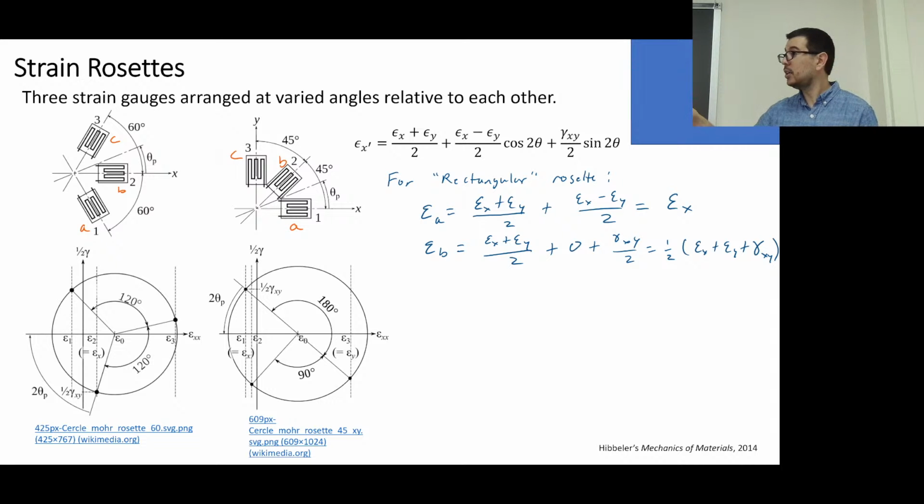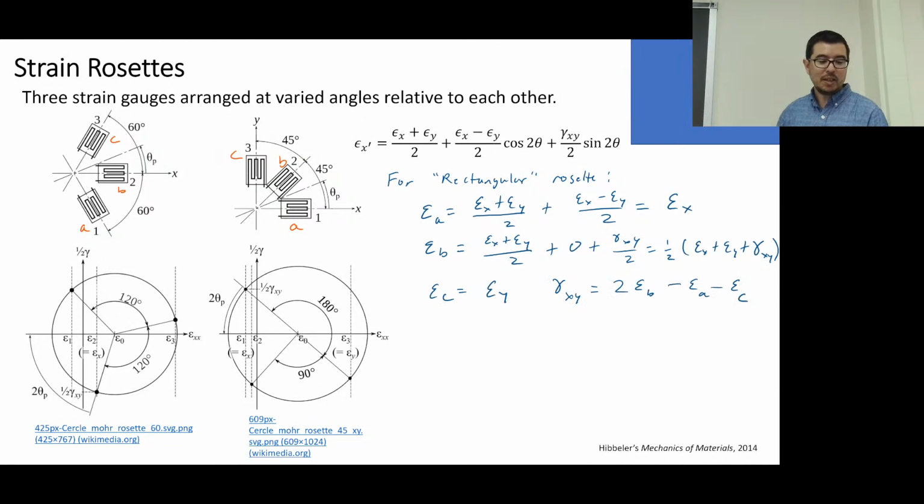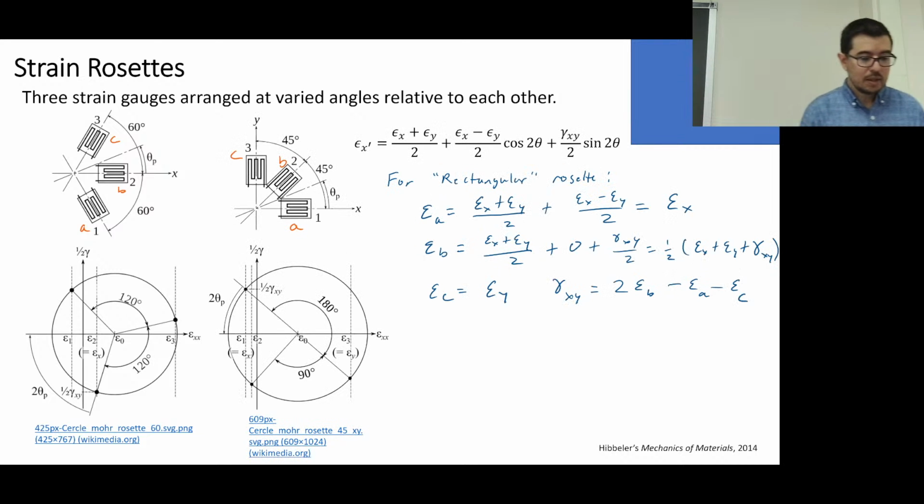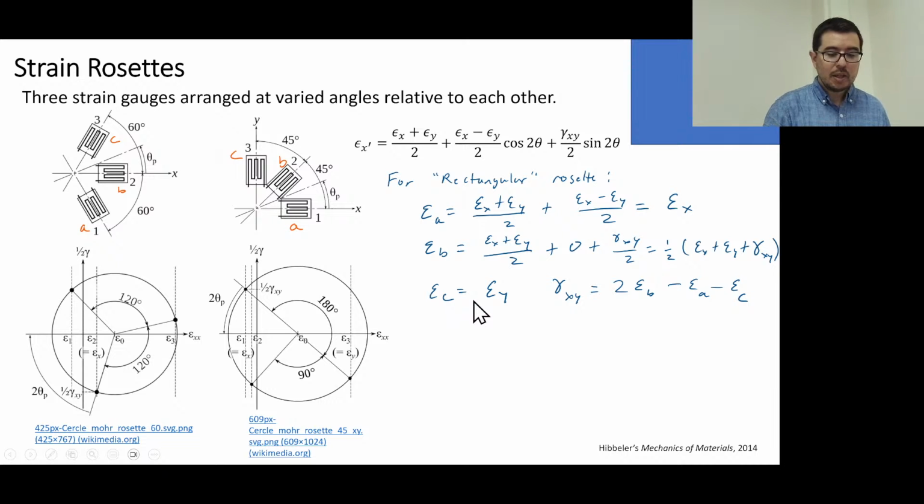Yeah, it's just telling us the epsilon y, right? All it is capturing is what's happening in the y direction. So now I can rewrite this gamma xy, right? So I've got epsilon b, epsilon a, epsilon c.